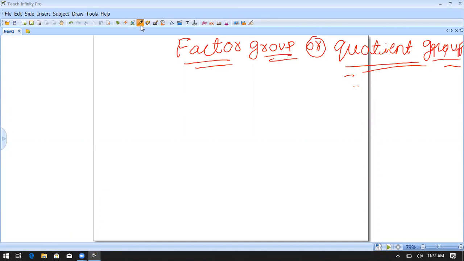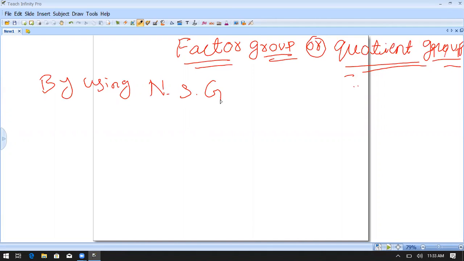So by using the normal subgroup, we form the factor group and the quotient group. What is a quotient group? The definition of a quotient group is by the cosets.